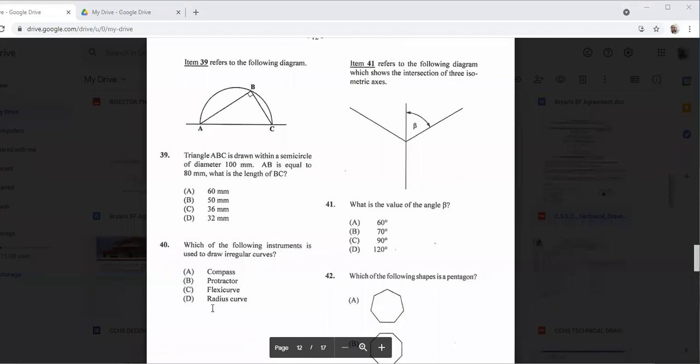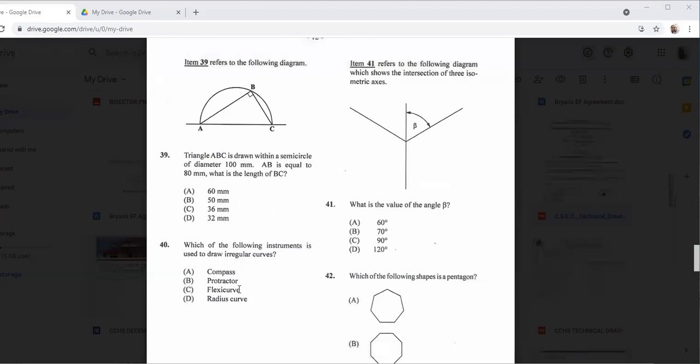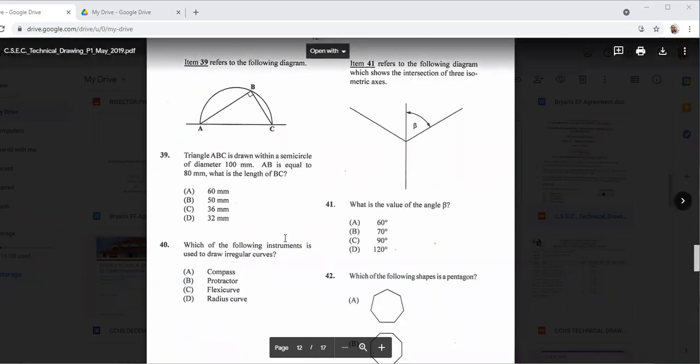Or if there is no French curve, you use a flex curve. Flex curve and French curve are used for the same purpose. A flex curve is like a ruler that can bend or curve to draw different shapes. You can bend it to form different shapes. Flex curve.